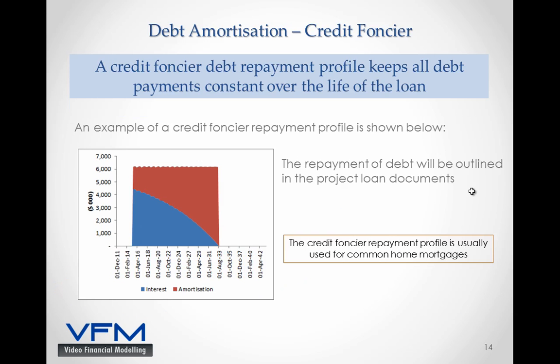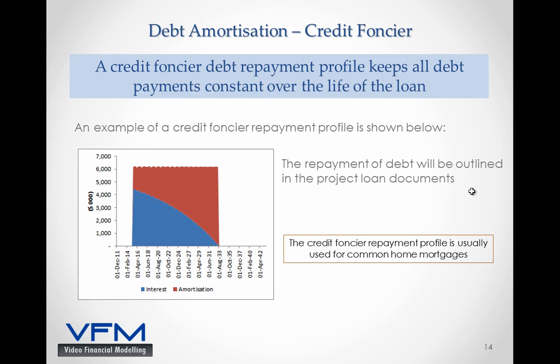So now debt amortization. Particularly in greenfield projects, and it happens in brownfield projects as well, but let's think of a greenfield project where we've got a construction phase and then an operations phase. During the construction phase, you are financing the project through mainly debt and equity.